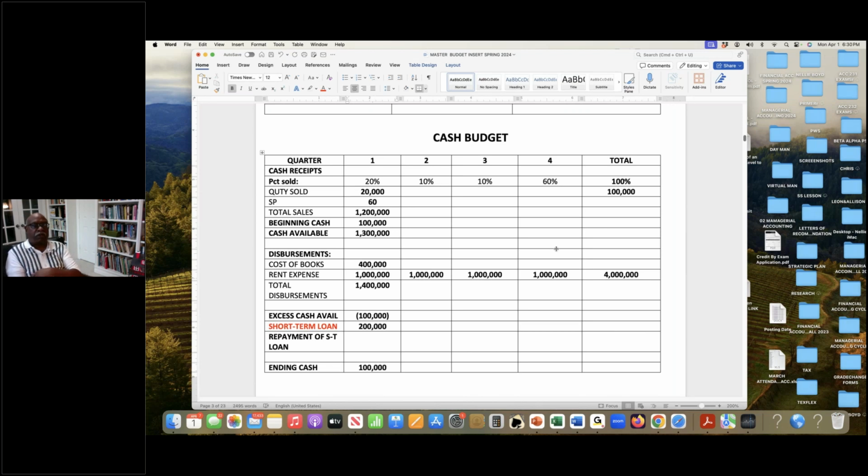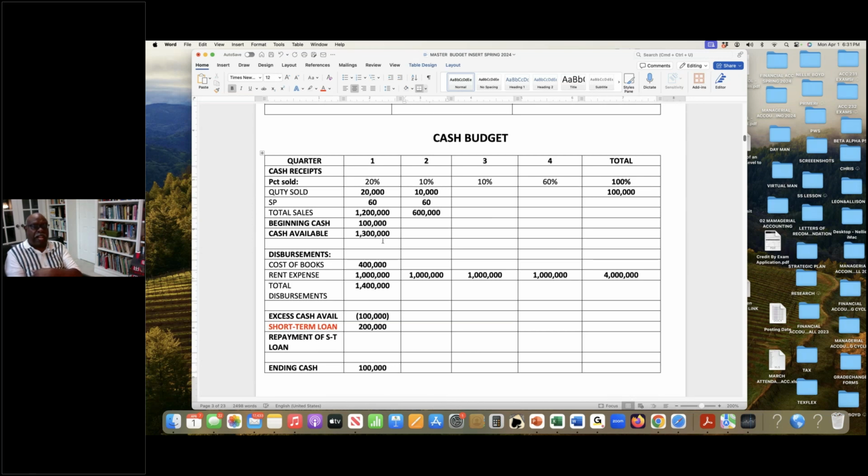Now, let's go to quarter two. You only sold 10% of the books in quarter two, so that's 10,000. Is the loan always double? No, it depends on what you need. Your selling price is 60, so what's our total sales going to be this quarter? 600,000.